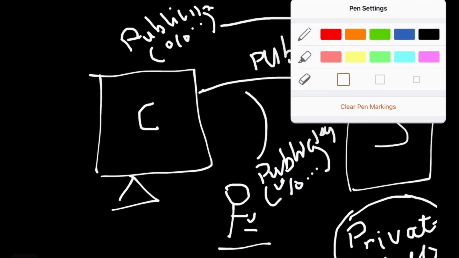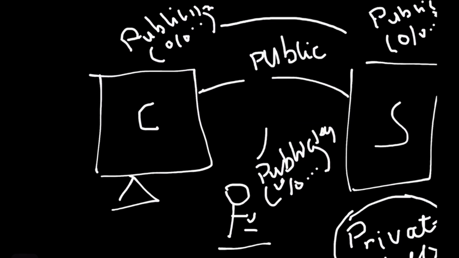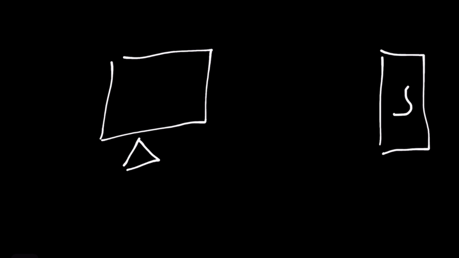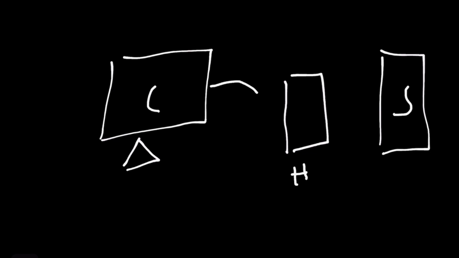If we have this client here, and we have the server here, and we are sending a message from the client to the server, the hacker, instead of tapping into the message, can come and stand here to pretend to be the server.